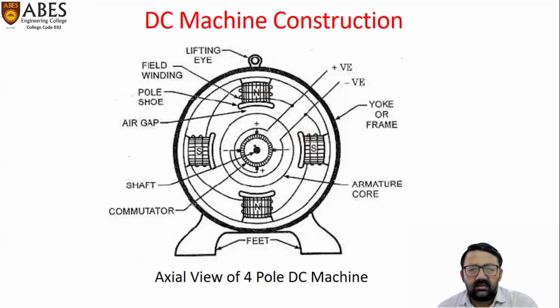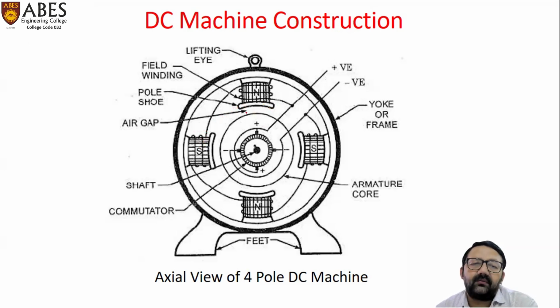This flux developed in the field poles reaches the air gap with the help of the pole shoe. This extended portion of field poles is known as pole shoe, or sometimes it is also known as pole face. Basically, it serves two purposes.